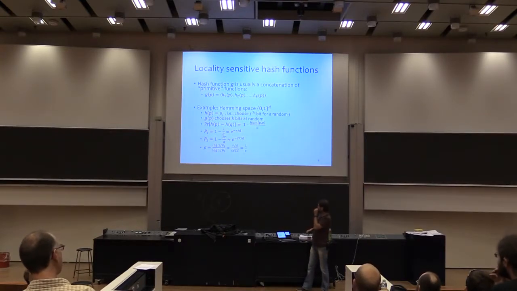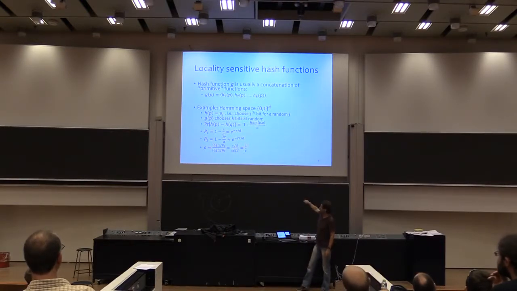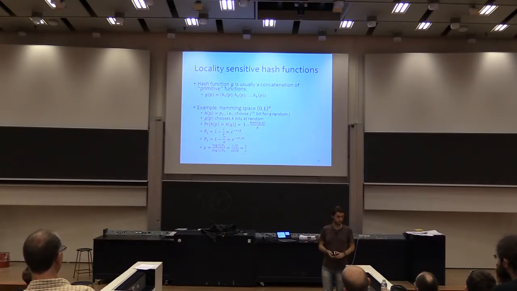Now you plug these probabilities P1 and P2 into rho, and you get essentially 1 over c. So the exponent, say for approximation c equals 2, will be a half. So the number of hash tables that we need to use will be root n.